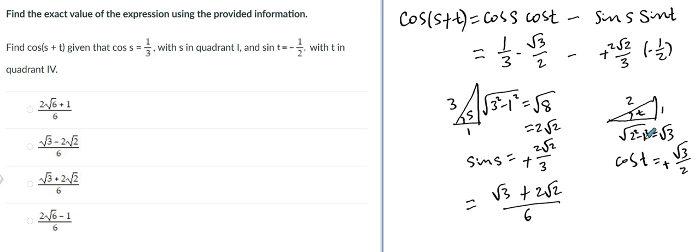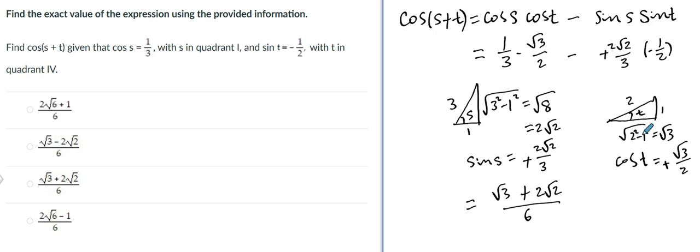Then cosine t is the adjacent over hypotenuse. The opposite side is 1, the hypotenuse is 2, so it's the square root of 2 squared minus 1 squared, which is radical 4 minus 1, which is radical 3.